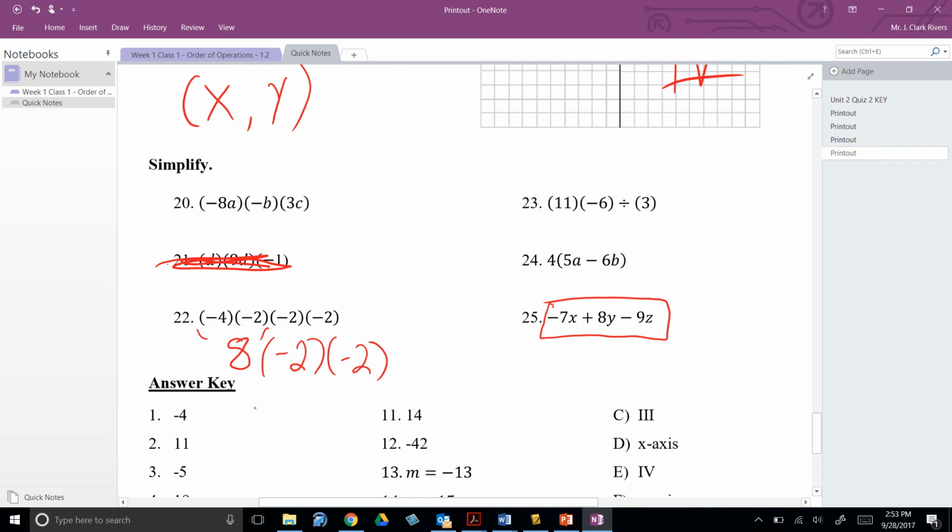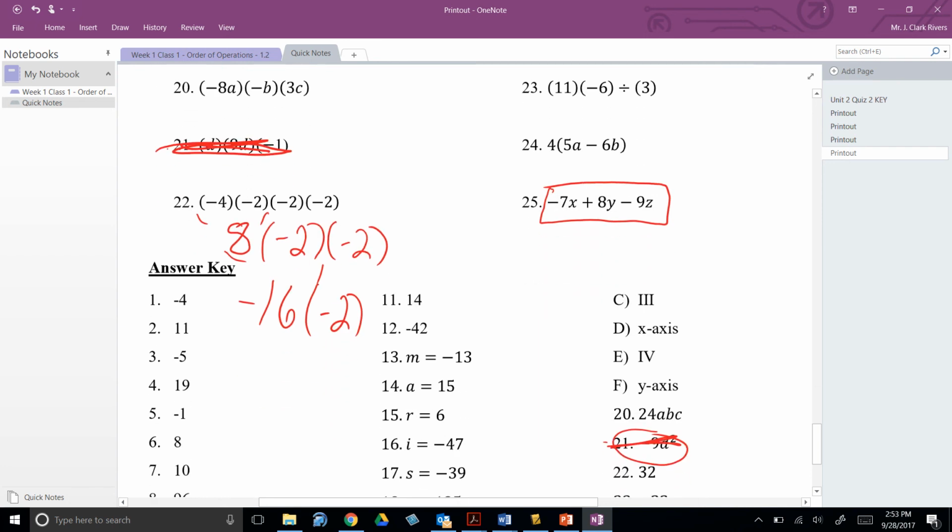I just carry these down. 8 multiplied by negative 2, I get negative 16. Multiplied by negative 2. We've got a negative multiplied by a negative, which is going to be a positive. Negative 16 times negative 2 is positive 32. Positive 32. Very good.